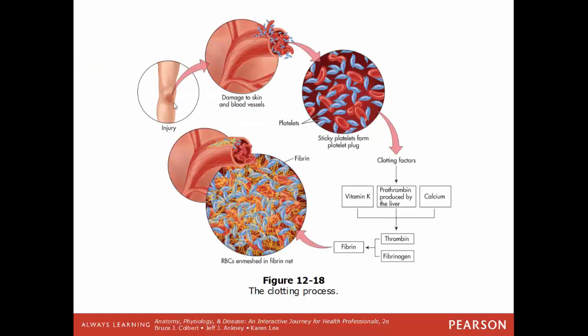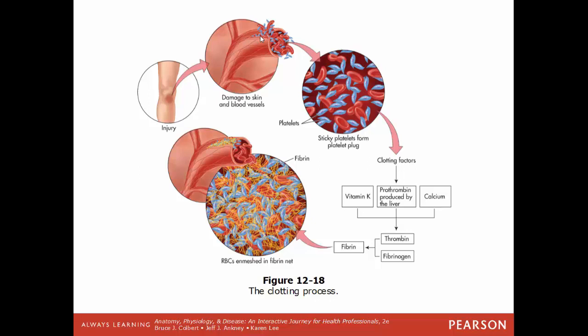Okay, so here we have the injury of this person's knee. You see the vessel wall being torn here. As platelets travel in the blood by this site, they will stick to these tattered edges, and they will start to stick to each other, forming a platelet plug. Then you have the clotting factors that are found throughout the blood.